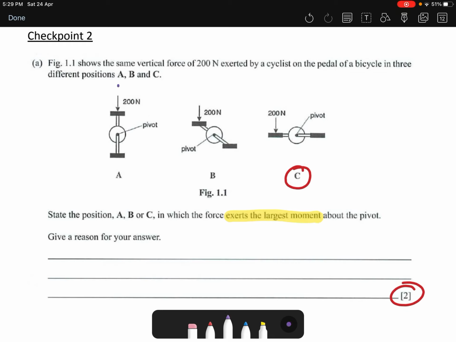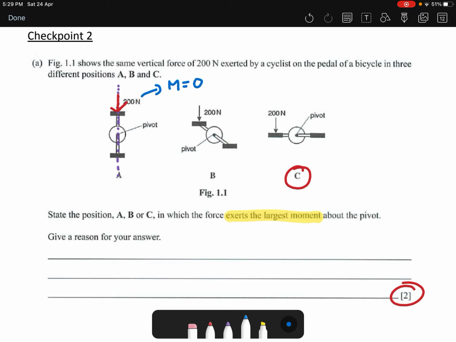If I draw a line here, there's a force of 200 Newton here. What is the perpendicular distance from the red arrow to the purple arrow? You can see that there's no perpendicular distance. So the moment is equal to 0.